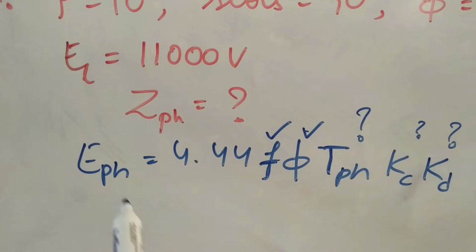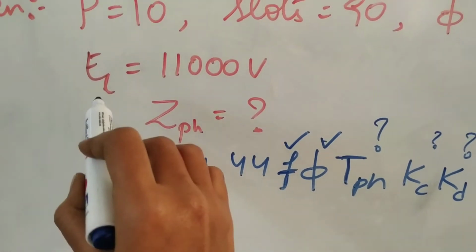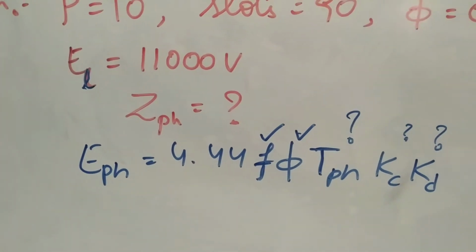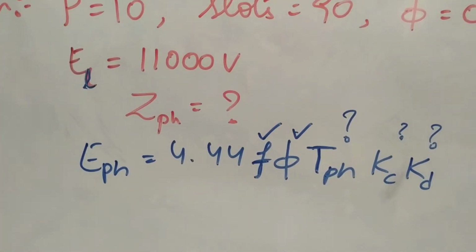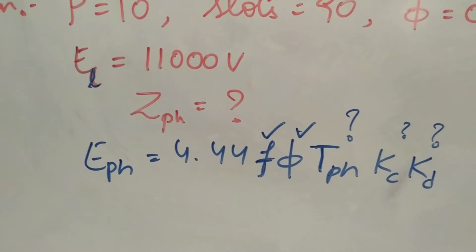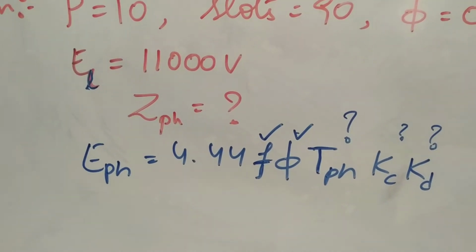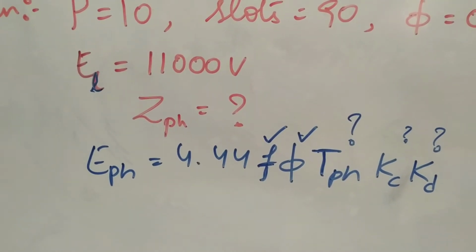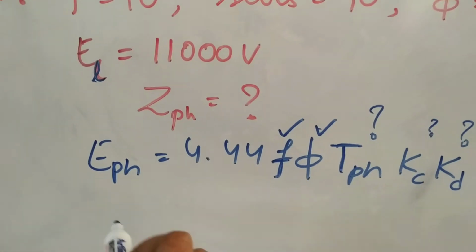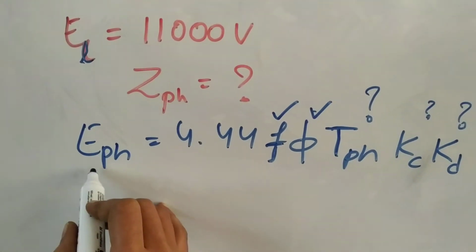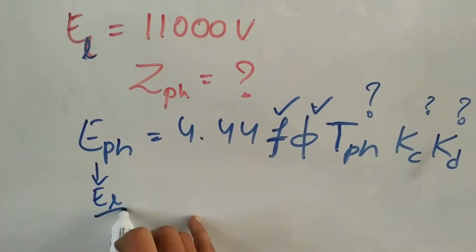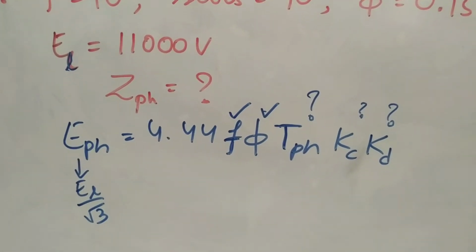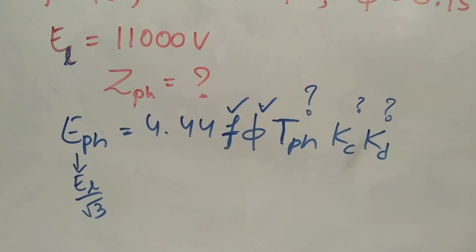Here we can observe that the EMF given, that is the line voltage, is given. This EMF is with respect to the phase. Since it is star connected, we can write E line is equal to root 3 times E phase. Otherwise, E phase is equal to E line divided by root 3. So we can get the answer with respect to the phase voltage, since it is star connection.